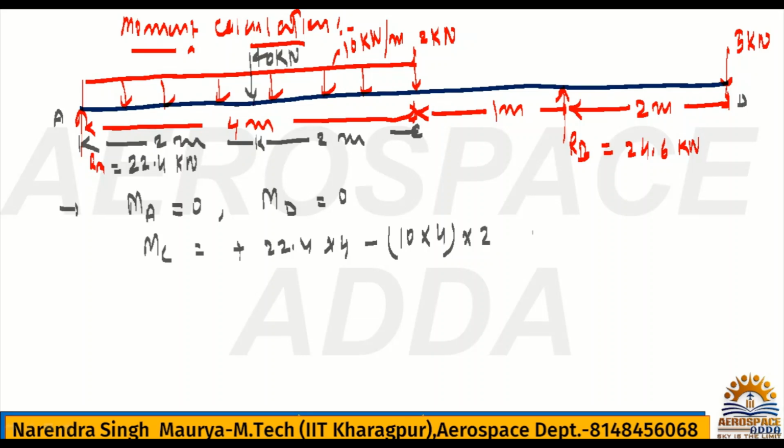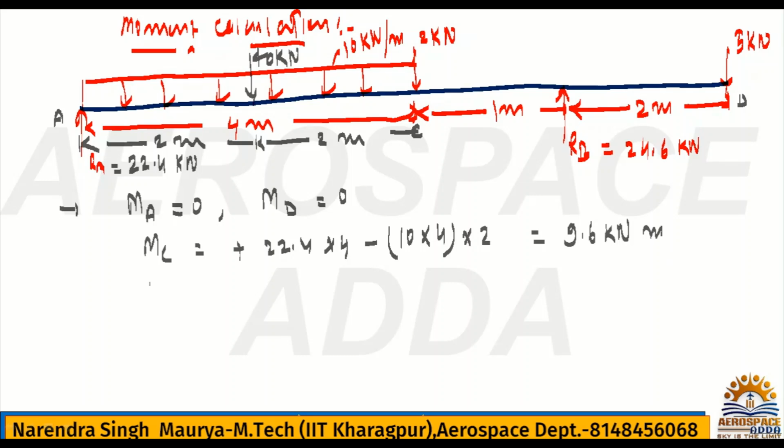So this value will be 22.4 into 4 minus 10 into 4 into 2. So nearly 9.6 kilonewton meter will be there, right? All right, so MC means moment at point C, you got 9.6 kilonewton meter.